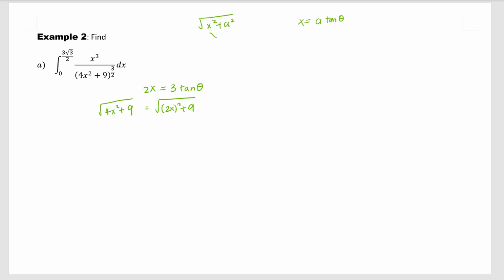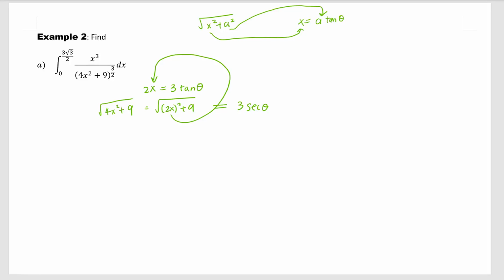See? The x goes here, the a goes right here. The 2x goes here. The 9 is 3 squared, so the a goes in front of the tangent. So the setup is 2x equals 3 tangent theta. And then the square root term is 3 secant theta. Who's the family member of tangent? Secant, right? So the square root term is still 3 secant theta.